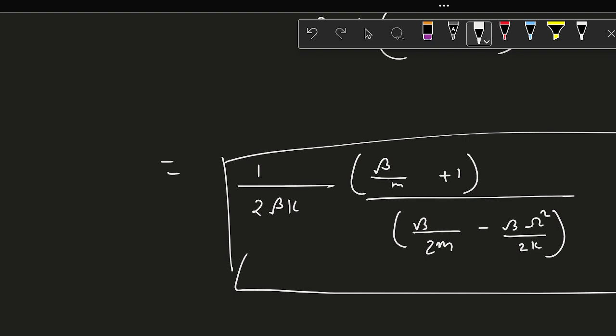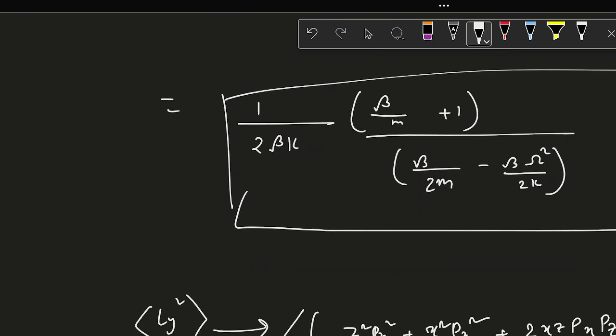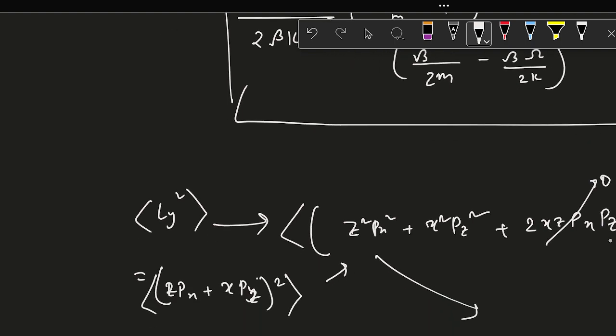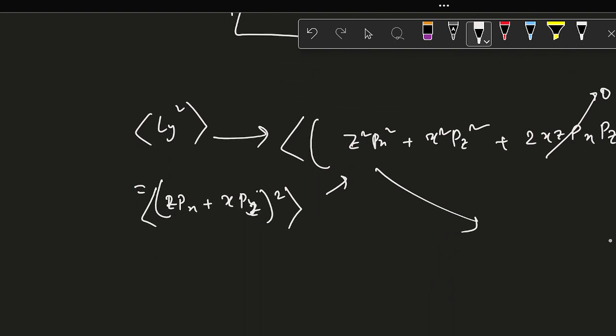That means z squared px squared plus x squared pz squared plus 2xz px pz, and the whole thing in average. Then you just have to do the same thing again, do the entire integral term by term, and this last part again will give you 0, so you do not have to bother about it. And again for Lz squared, what will it be?